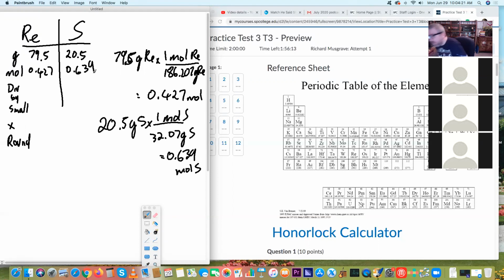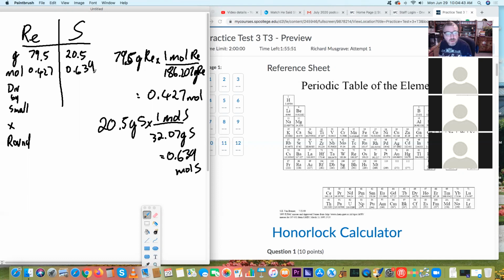All right, I'll stop here for a second. Does anybody have any questions? Okay. The next thing we want to do is divide both of these by the smallest of the two. The idea being that we want to get a whole number mole ratio here in the end.